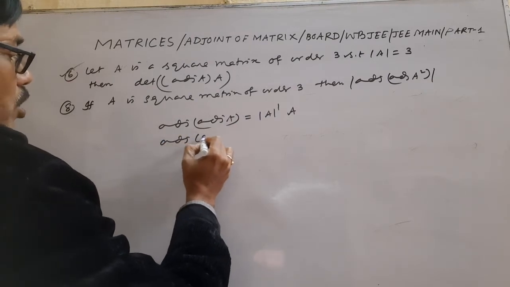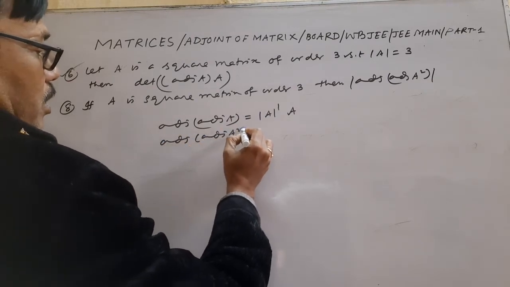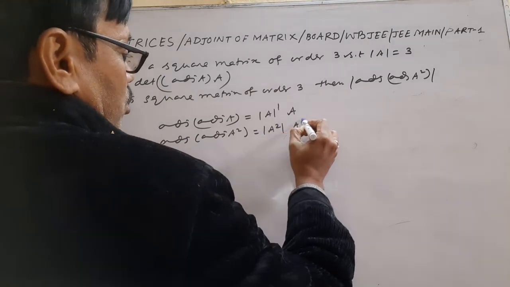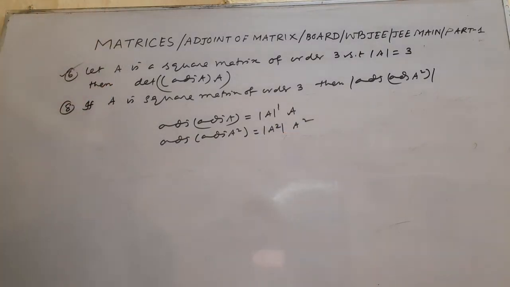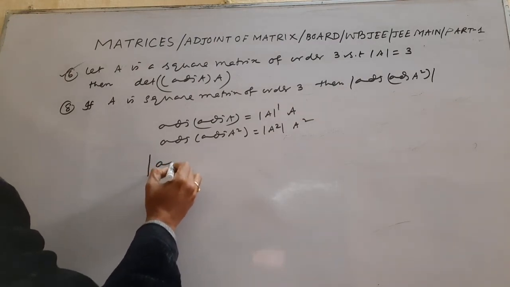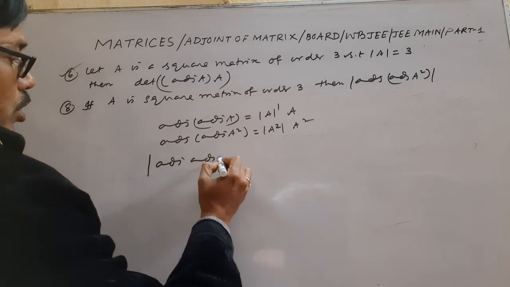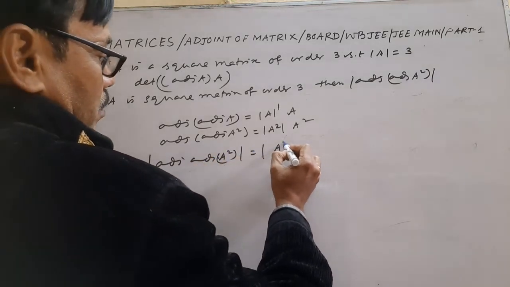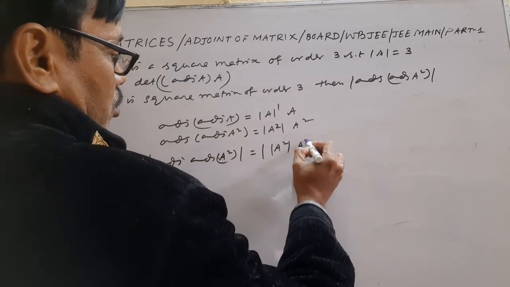So adjoint of adjoint A square equals determinant A square into A square. Now take determinant on both sides. Determinant of adjoint of adjoint A square, total determinant, determinant A square into A square.